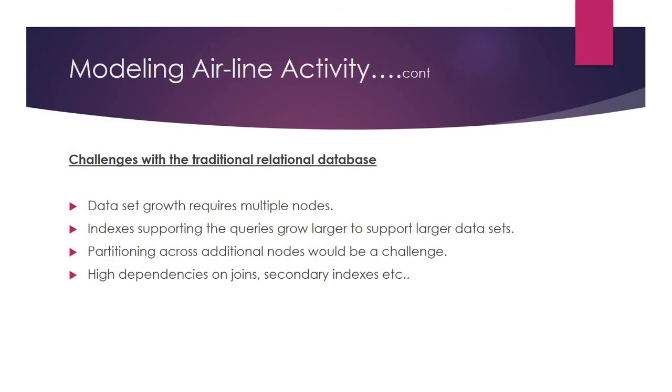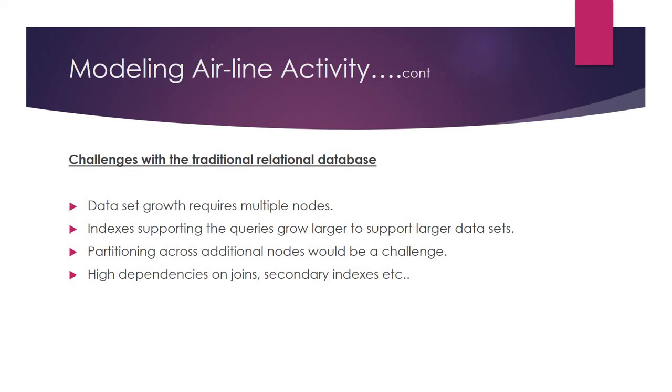So why is it a big challenge for something like this to model in a relational database? It's because the first and simple thing is that the data set growth requires multiple nodes, and also the indexes supporting the queries grow larger to support larger data sets.